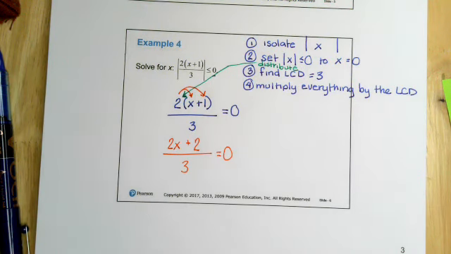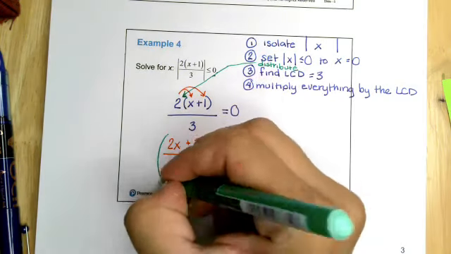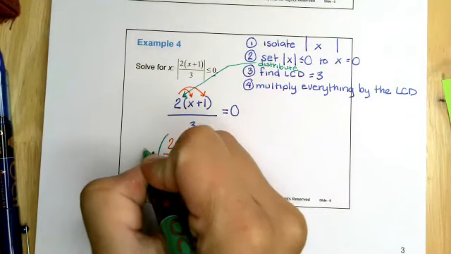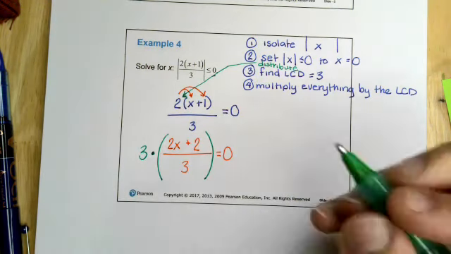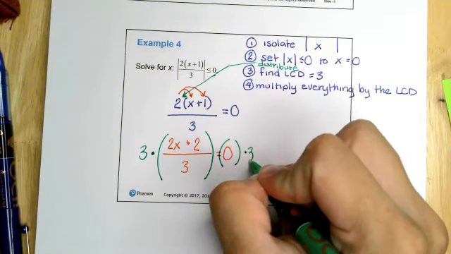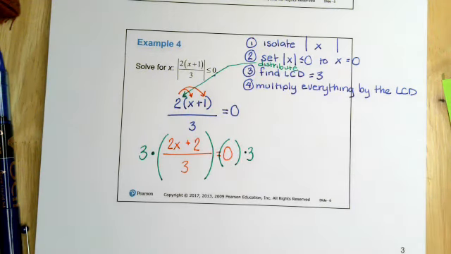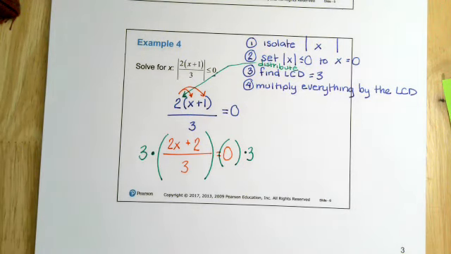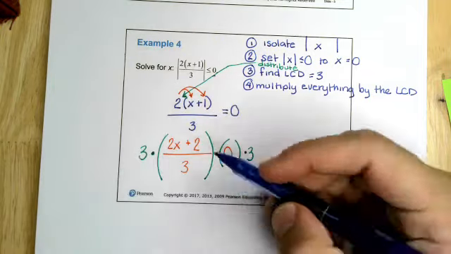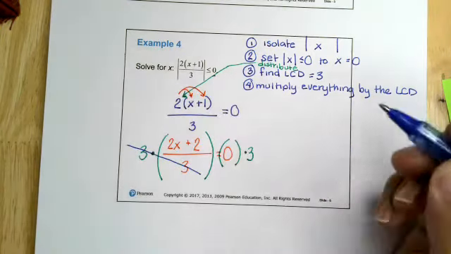All right. Now we can multiply everything by the least common denominator. This is all one division problem. So I'm going to say it's one thing multiplied by 3. Everything on this side multiplied by 3, and there's only one thing, it's 0. So now, if I were to rewrite this, 3 divided by 3 gets canceled out.